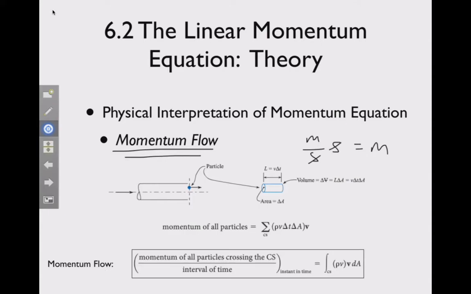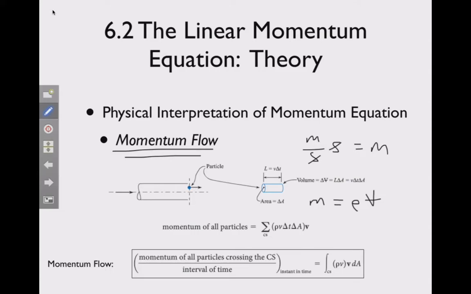So when we want to express the amount of momentum flow, if we want to write the momentum, we have to write m times v. And what we have here is the mass. The mass is equal to the density times the volume.